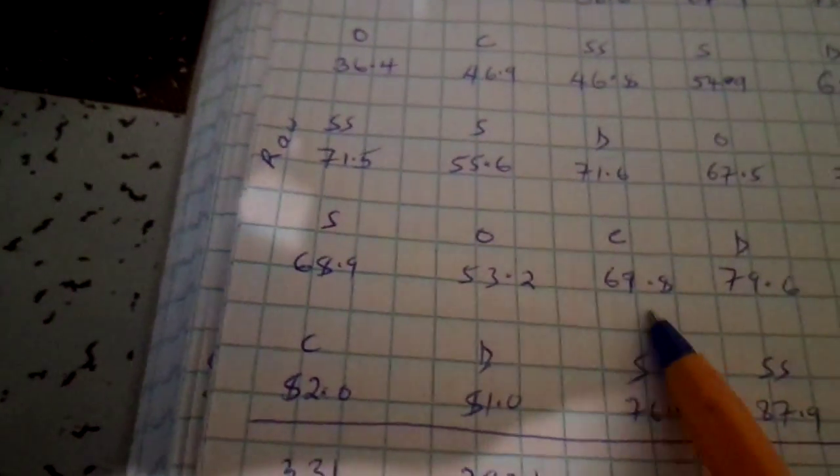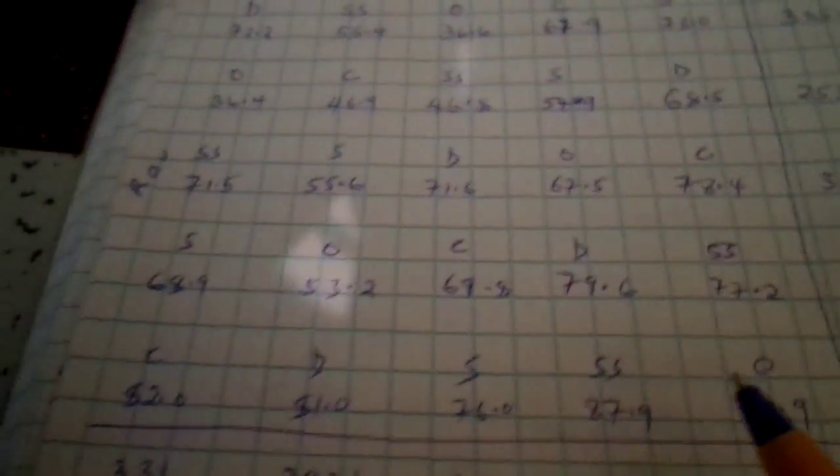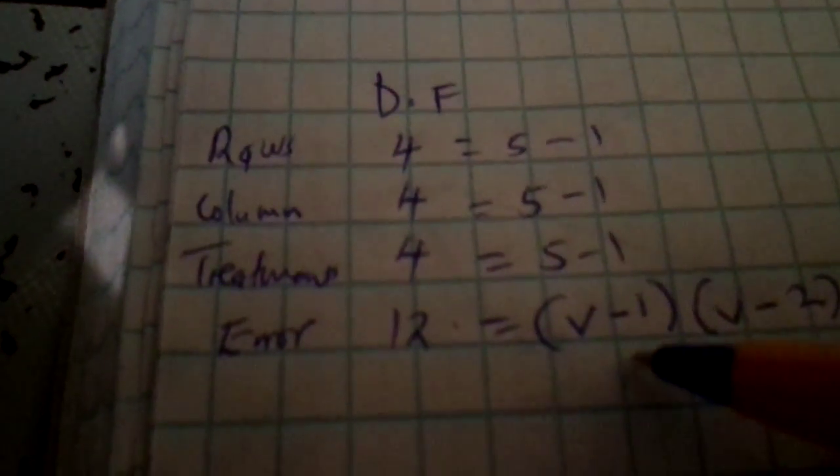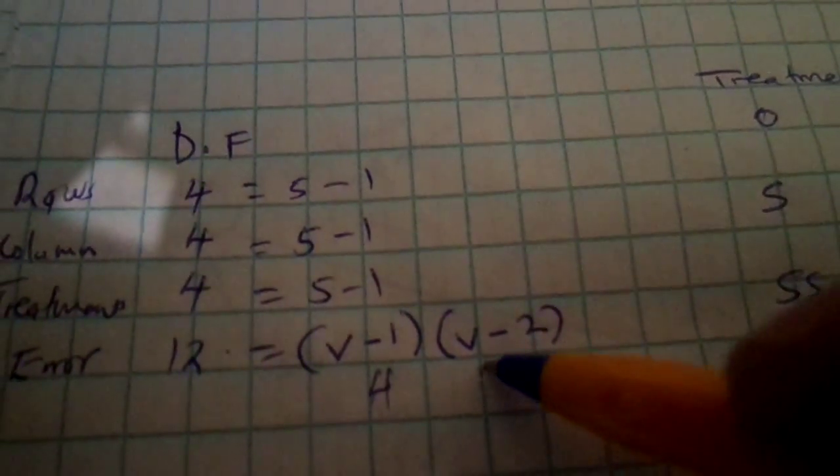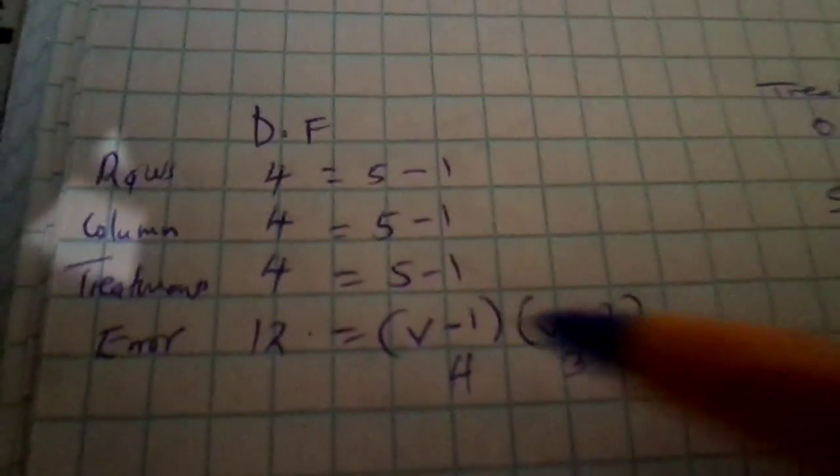We have 5 treatments, so 5 minus 1 is 4, and 5 minus 2 is 3. 3 times 4, you get 12. Good.